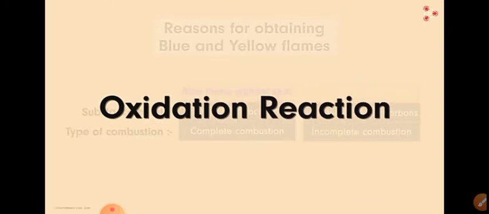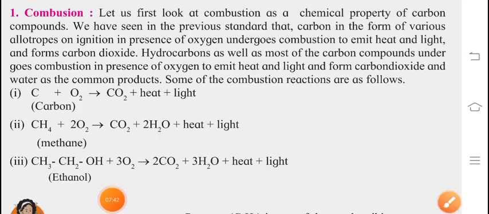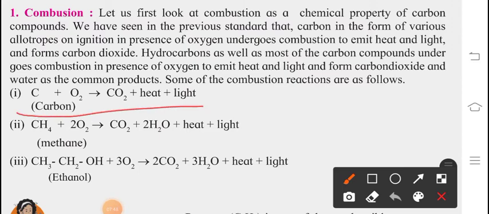Now the oxidation reaction. How exactly the oxidation reaction goes on, we will see here. Observe the video clearly. With these reactions you can observe that when oxygen comes in contact with carbon, carbon dioxide is produced, and heat and light are emitted. In a similar manner, when methane comes in contact with oxygen, carbon dioxide is produced, water is also produced, and heat and light form.